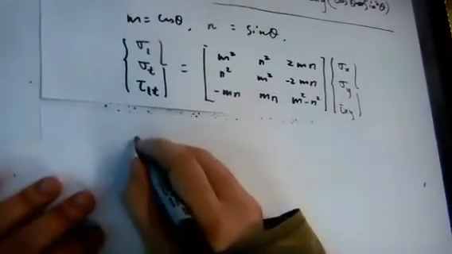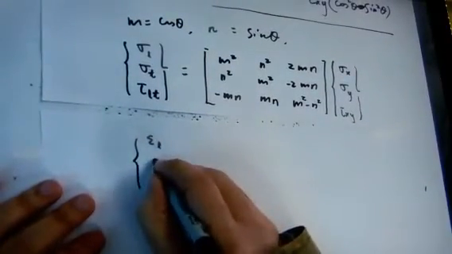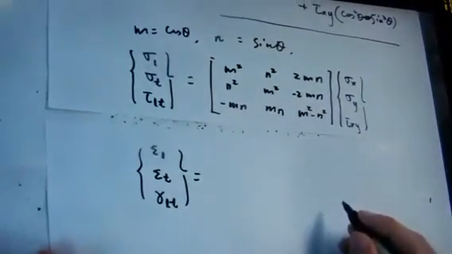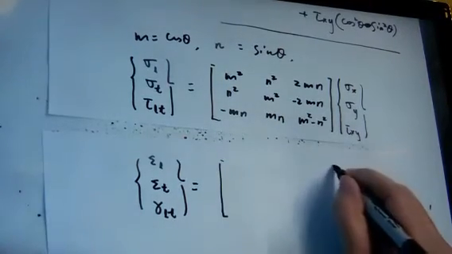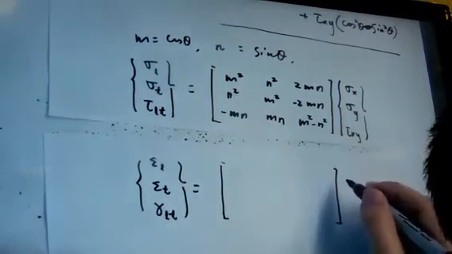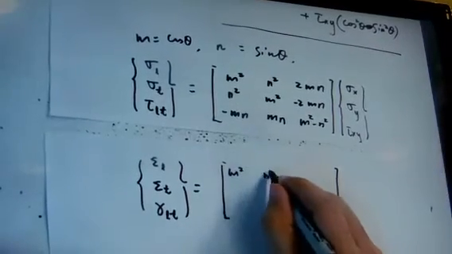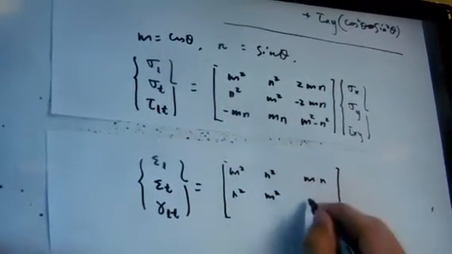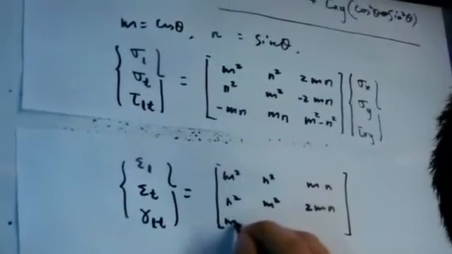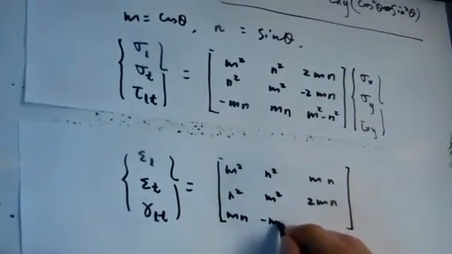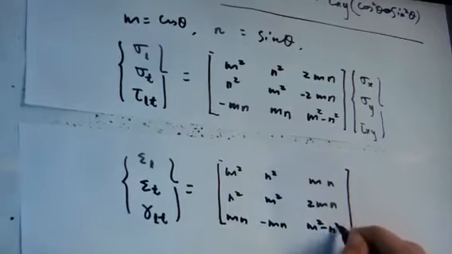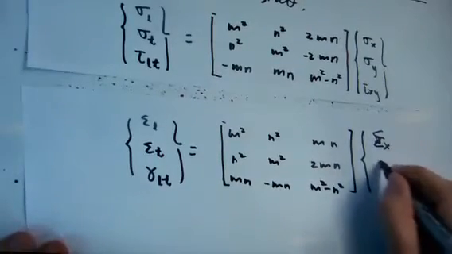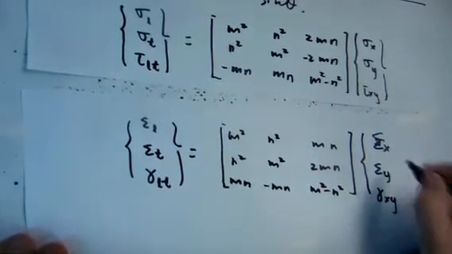And then similarly, we have the so-called strain transformation, right? This equation is also in 321. That transformation matrix is slightly different from this one. It's m squared, n squared, mn, n squared, m squared, minus mn, 2mn, and so on, times epsilon x, epsilon y, gamma xy.